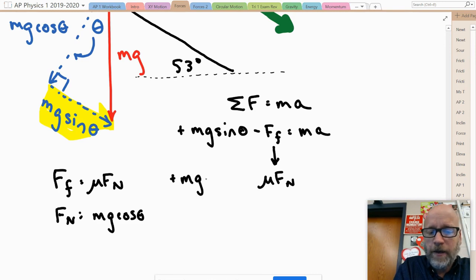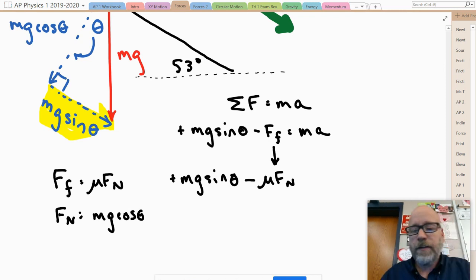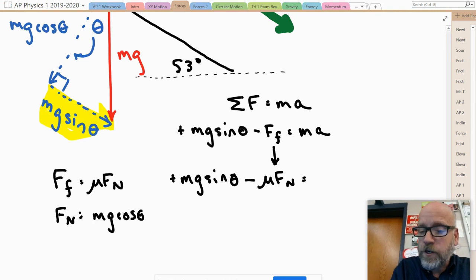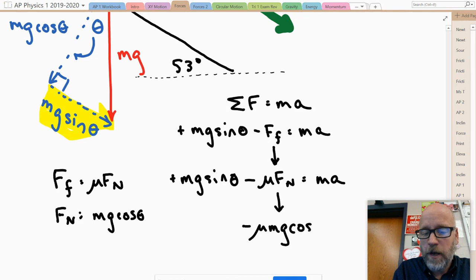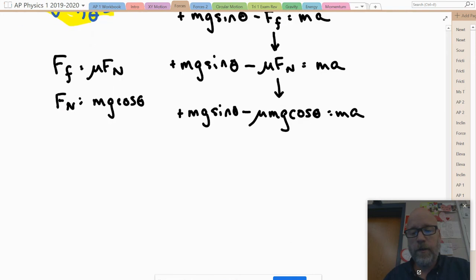So I go back and I write it in. mg sine of theta, that's the component of gravity that pulls it down the incline, minus the friction causes the mass to accelerate. And in this case, because it's at an incline, the normal force is actually equal to mg cosine of theta, a component of the weight, not the whole weight, part of it, causes the mass to accelerate.